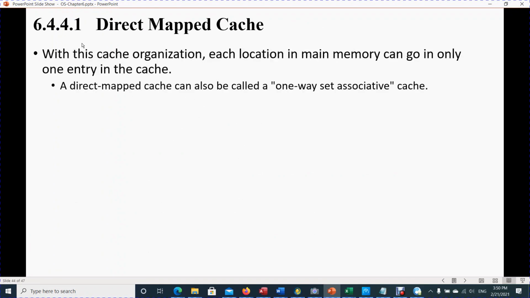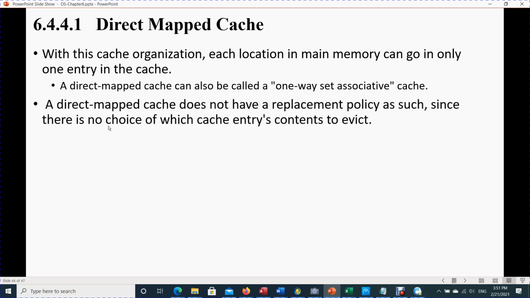With direct map, each location can only go in one location in cache. Direct map could then be called a one-way associative cache.